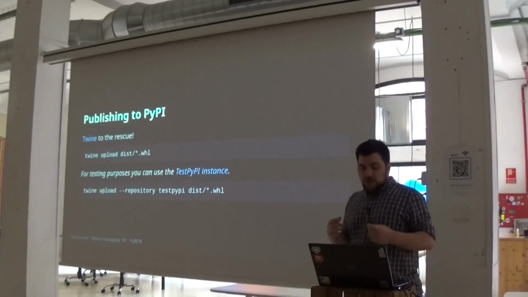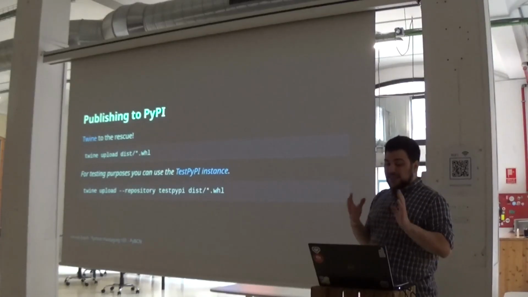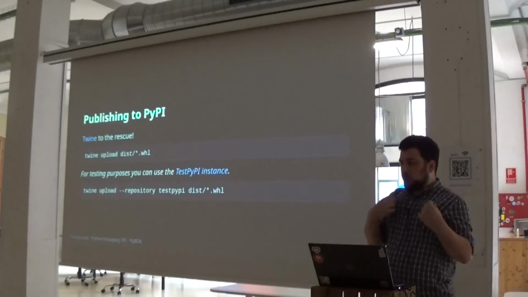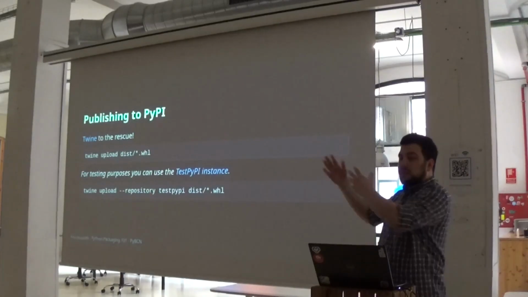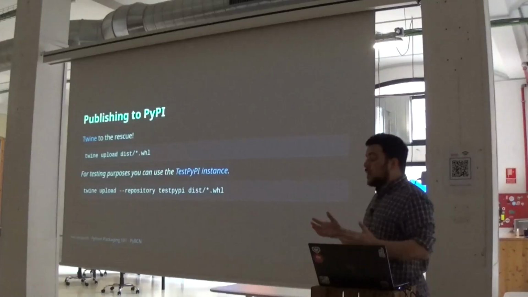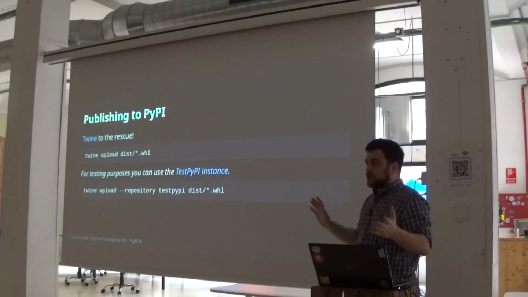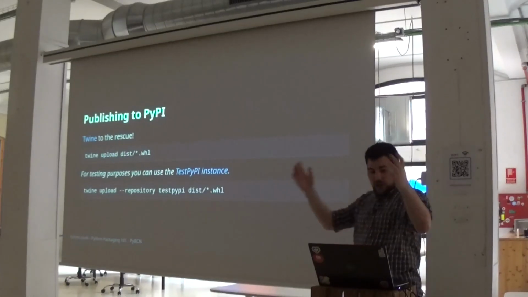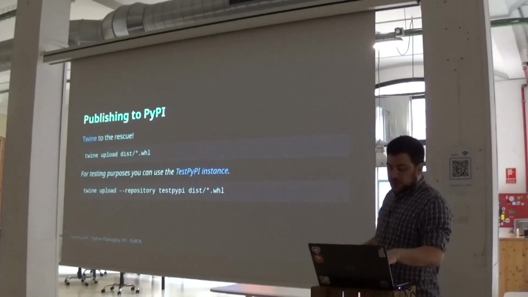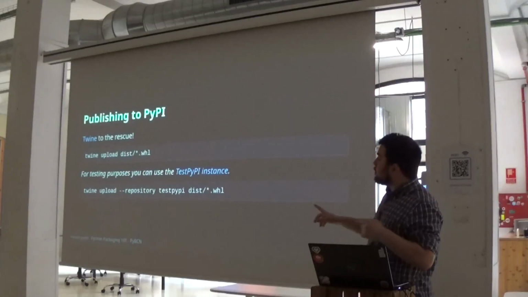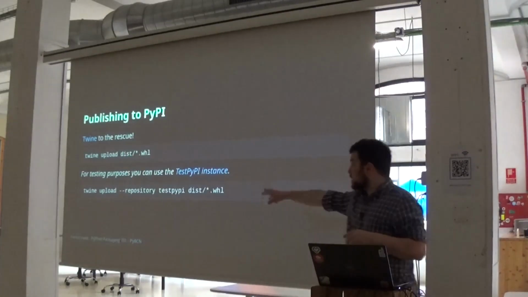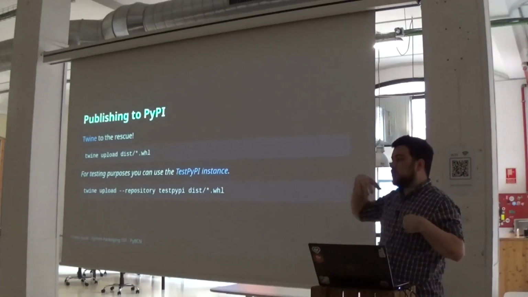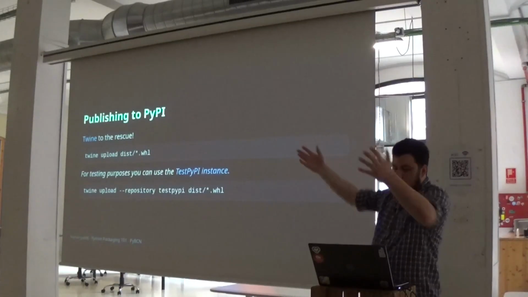One thing that I would recommend if you want to play around with this: as I mentioned, you can deploy your own PyPI instance, and there's also a test instance of PyPI, which is wonderful because it allows you to test your scripts, your automations, etc. If you want to use the test PyPI, you can use this --repository testpypi option here, which I would recommend if you don't want to upload something that will be publicly available.